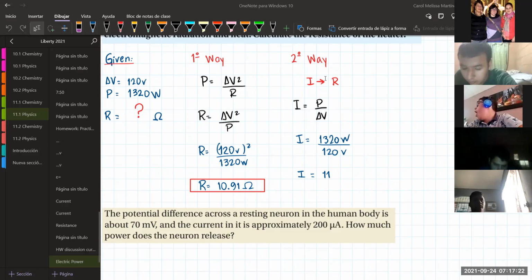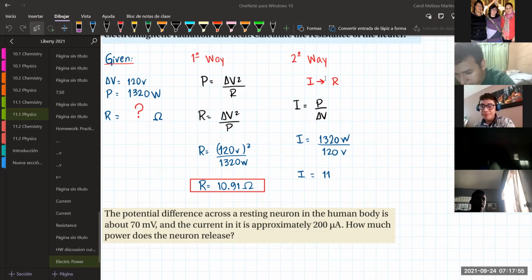And voltage is equal to, well, there are many equivalences for voltage, but one of them is newton-meter per Coulomb, or joules over Coulomb.